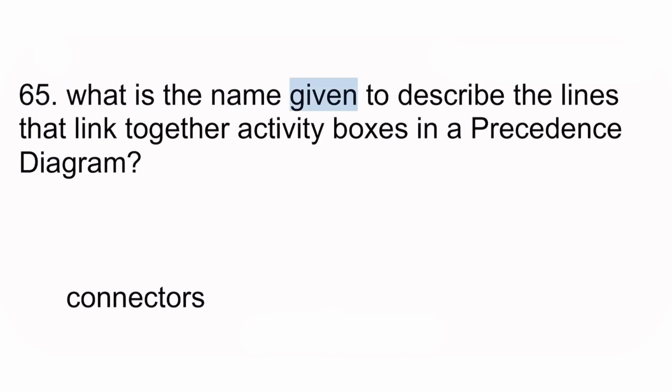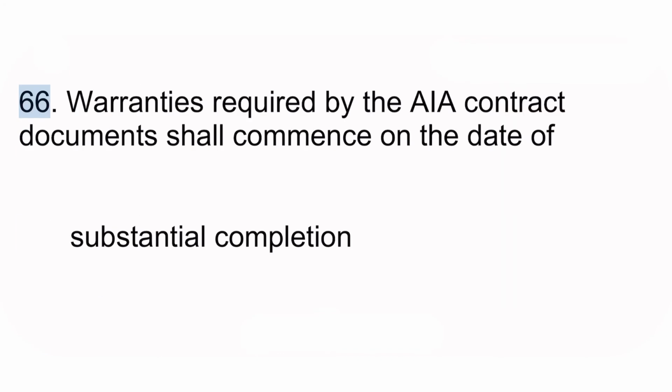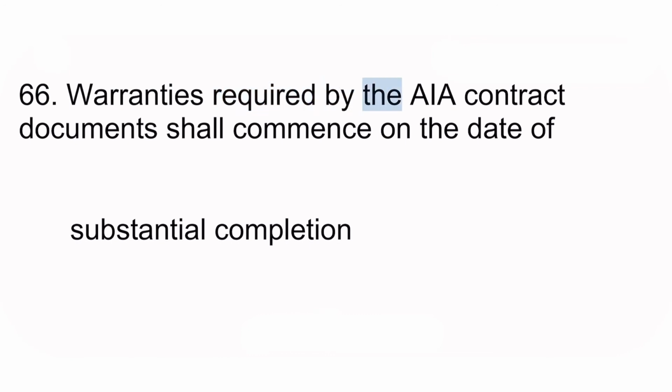What is the name given to describe the lines that link together activity boxes in a precedence diagram? Connectors. 66. Warranties required by the AIA contract documents shall commence on the date of substantial completion.